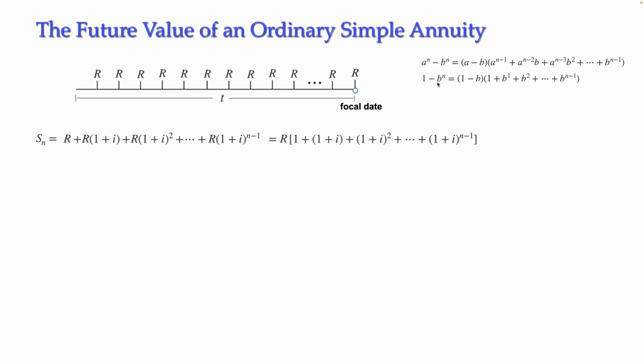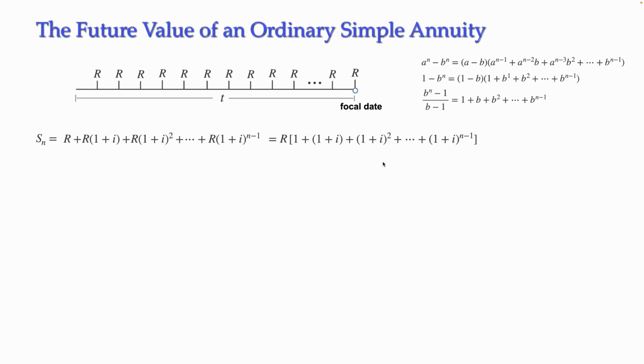Or you can change the sign and say that this is b to the n minus 1, divided by b minus 1. See that I have multiplied both the numerator and denominator of this expression by minus 1. So we have an expression for the sum of the powers of b.